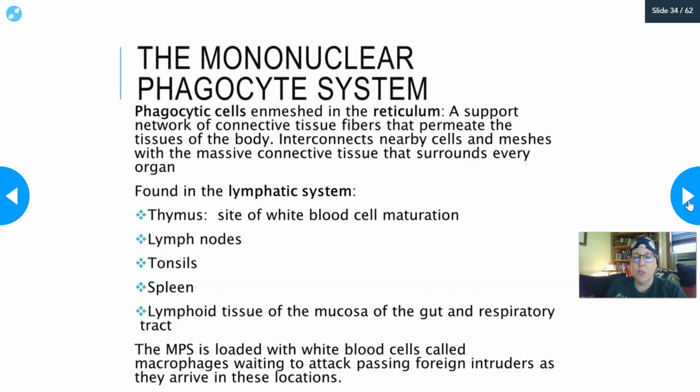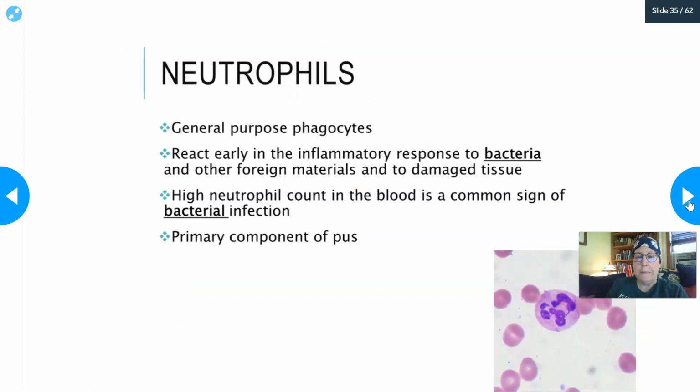And then the lymphoid tissues of the mucosa of the gut and respiratory tract also are full of lymphocytes and macrophages. So this mononuclear phagocyte system is loaded with white cells called macrophages that are waiting to attack passing foreign intruders as they arrive in these locations.